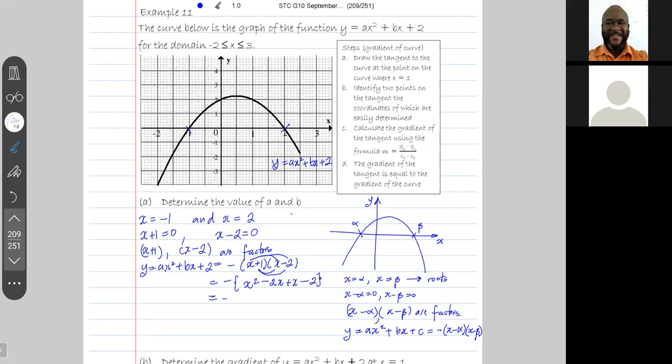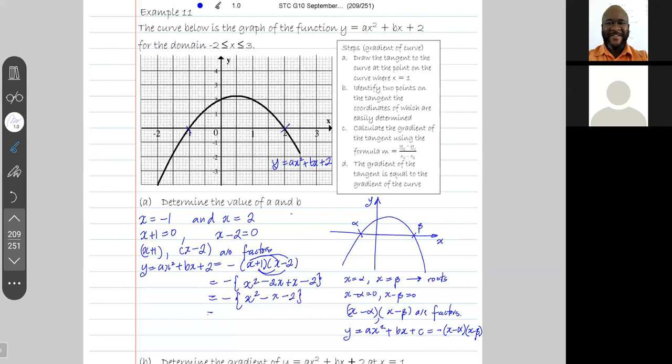Therefore, we have minus x squared minus 2x plus x is minus x minus 2.